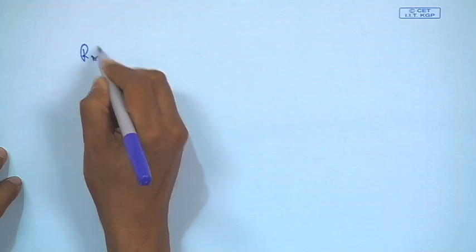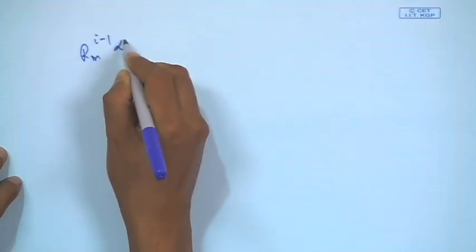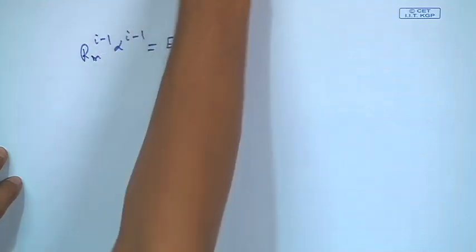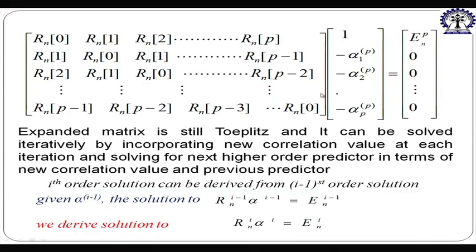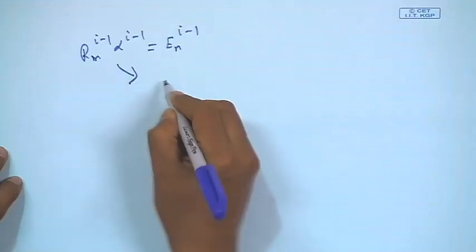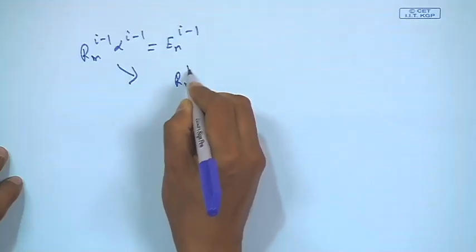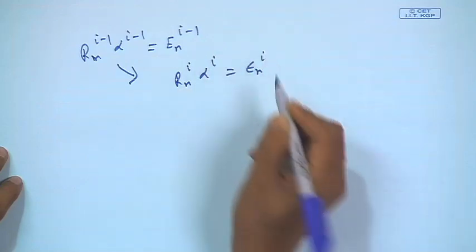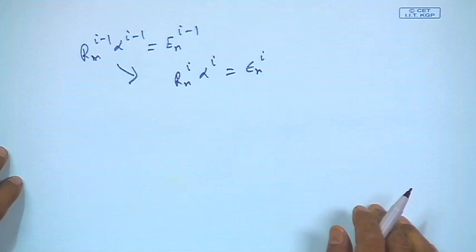R n (i minus 1) alpha (i minus 1) is equal to E n (i minus 1), if I see this matrix. Okay. So, from here we can derive the solution for R n i alpha i is equal to E n i. This we can derive.